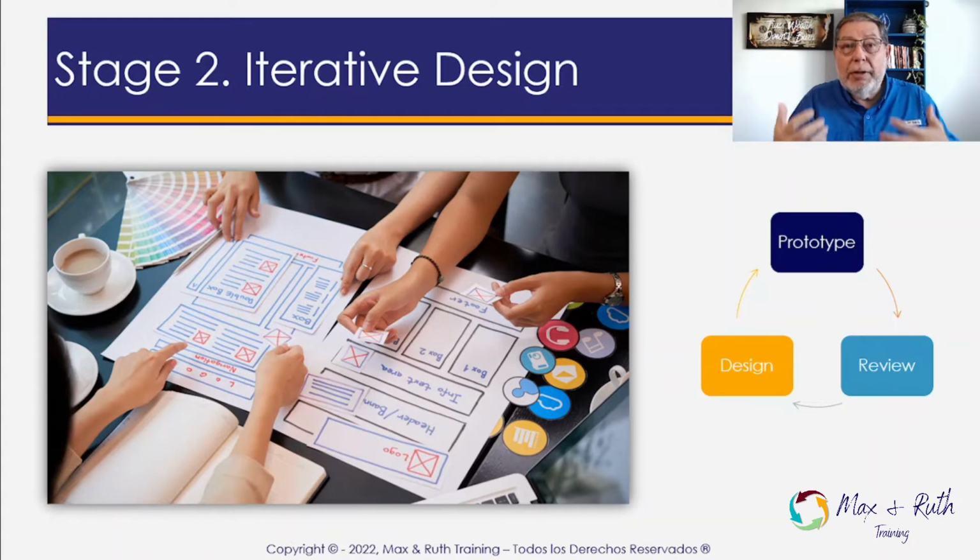And after reviewing that prototype, then you go back to the design step and you modify the first prototype and you go round this cycle as many times as you need in order to create a first solid design prototype that then you can take into the next step.